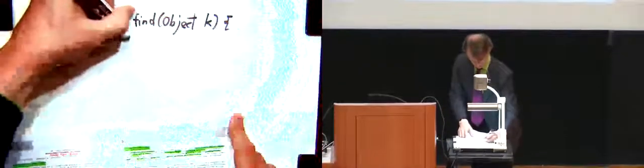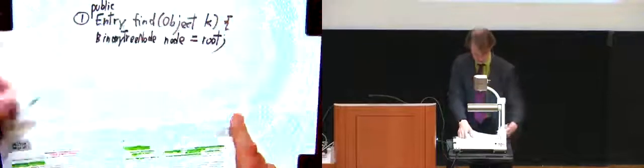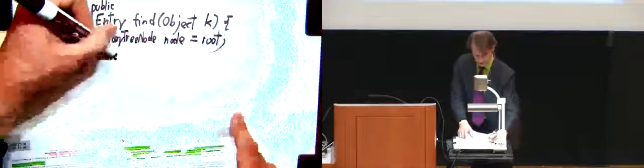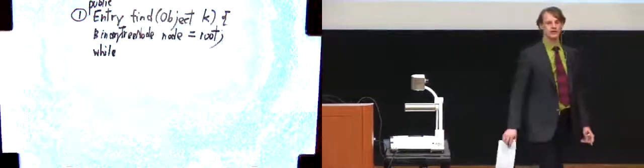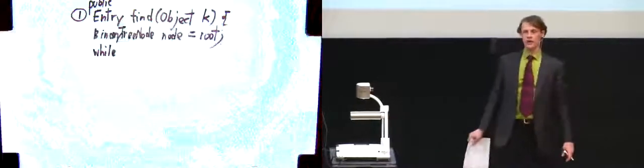And so here's the code to do it. I'm going to throw a public in front here. So we always start at the root, and then we start walking down the tree with a while loop that is going to keep going one step down, one step down, one step down, always going left or right until we either find what we're looking for or reach a null pointer, which means the thing we're looking for isn't there.